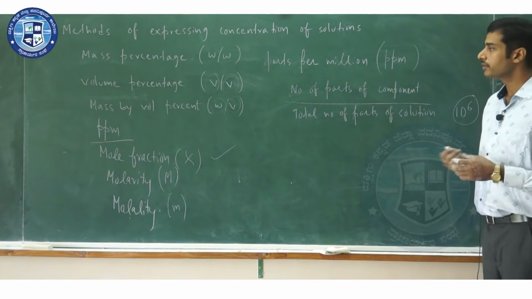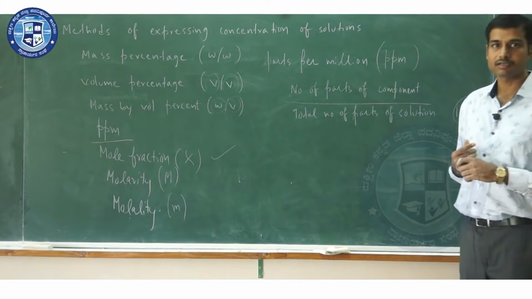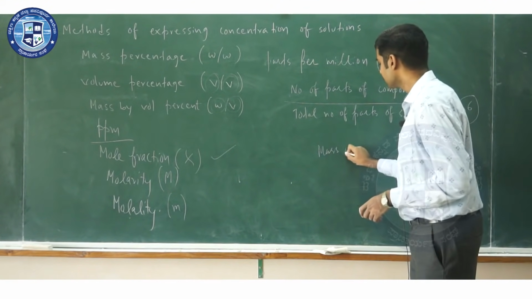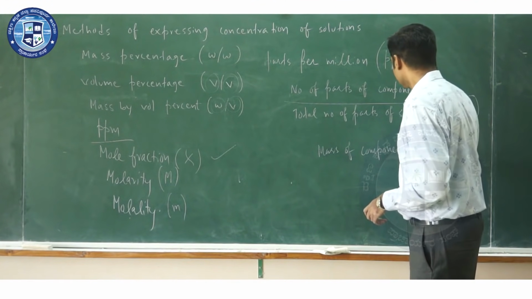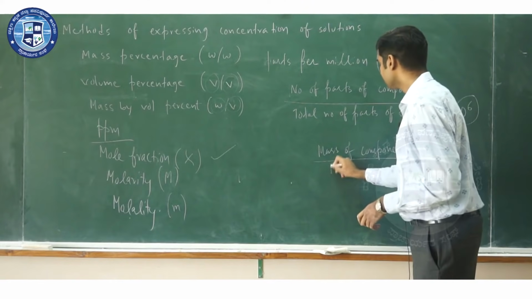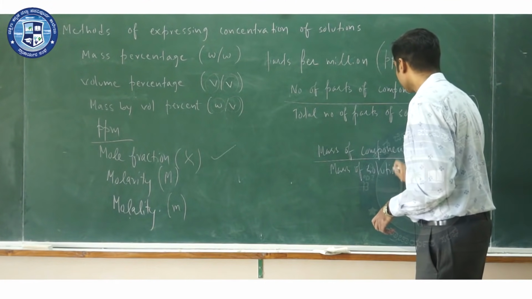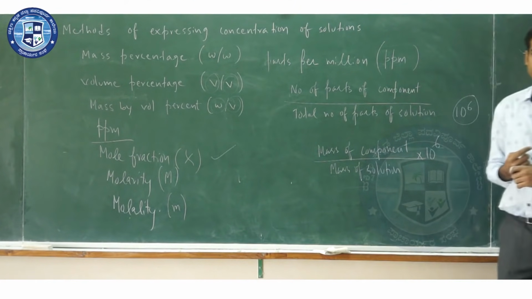This will be the concentration which is expressed in terms of parts per million. So you can write this as mass of the component divided by the mass of solution and express this in terms of a million parts.